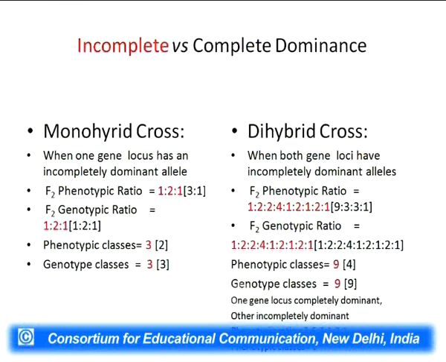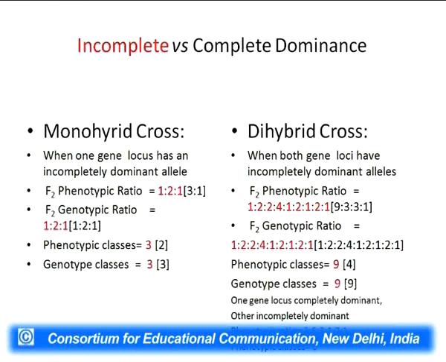In the dihybrid cross, where we have both the gene loci having incompletely dominant genes, now the ratio would be, if we look at maths, then it would be 1:2:1 to the power 2, which means again 1:2:1:2:4:2:1:2:1, which would be against the 9:3:3:1 phenotypic ratio.